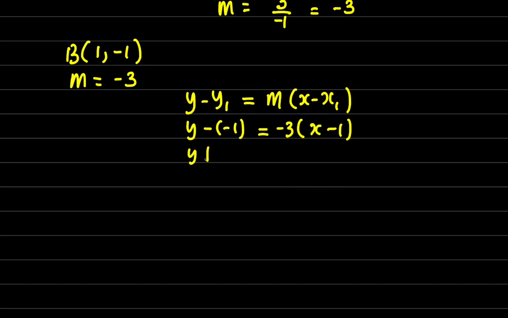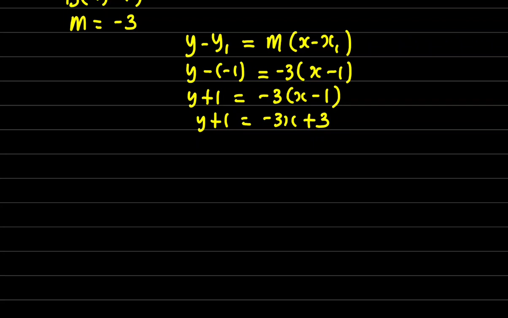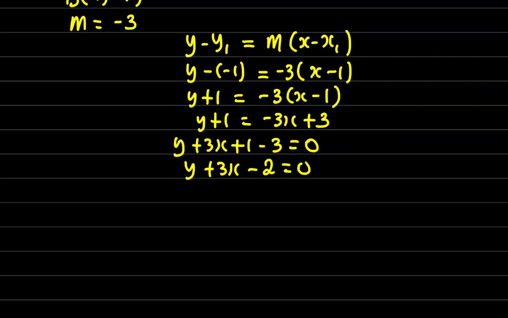So this is y + 1 is equal to -3(x - 1), so y + 1 is equal to -3x + 3. Rearranging it, you have y + 3x + 1 - 3 is equal to 0, so y + 3x - 2 is equal to 0. Rearranging it further, we have y + 3x is equal to 2.